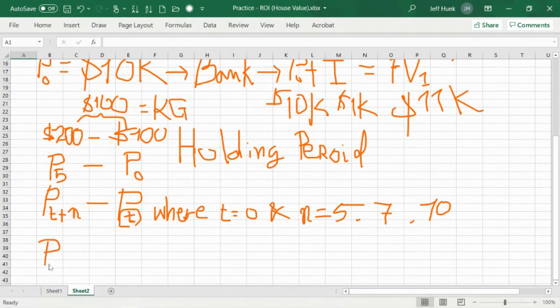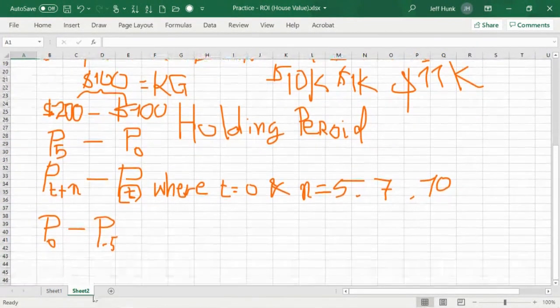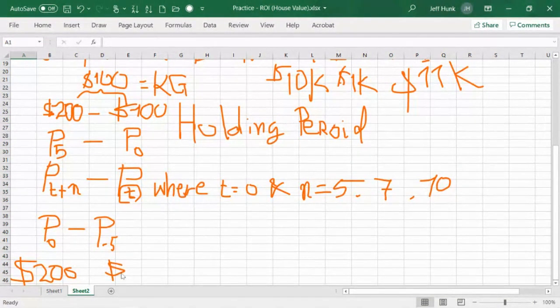So if time 0 is the price now, and suppose 5 years ago, you bought Amazon. Now, how would you represent it? Amazon is, let's say, $200 now. 5 years ago, it was $100.